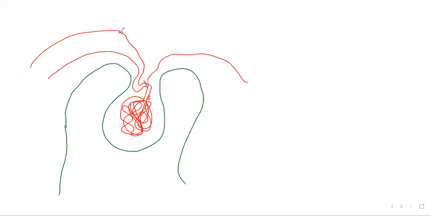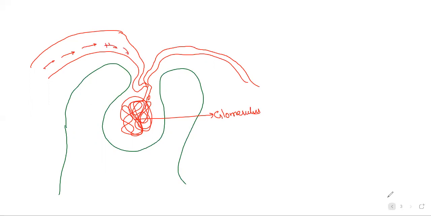Okay, then what is this? Glomerulus. If I ask you, glomerulus, from where are you coming?